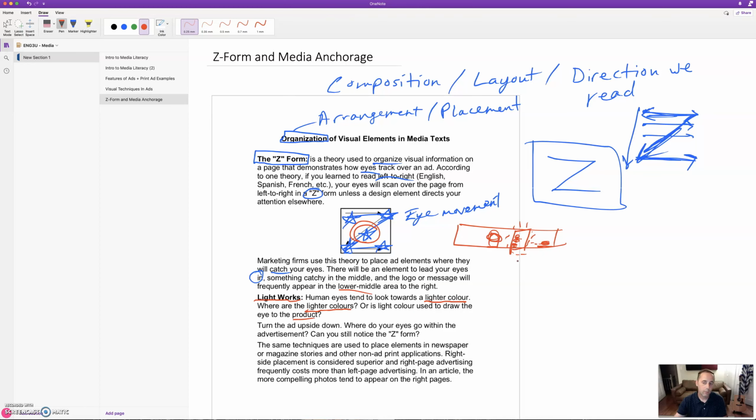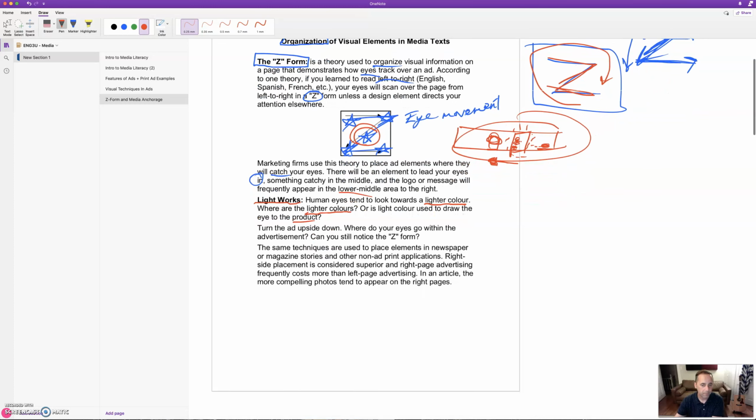In this case, they were really creative. They made it look like eyes that were looking at that direction toward the product in that one Pepsi ad that we looked at. So imagine you turn the ad upside down. Where do your eyes go from within the advertisement? Can you still, if you flip this upside down, can you still track that Z shape?